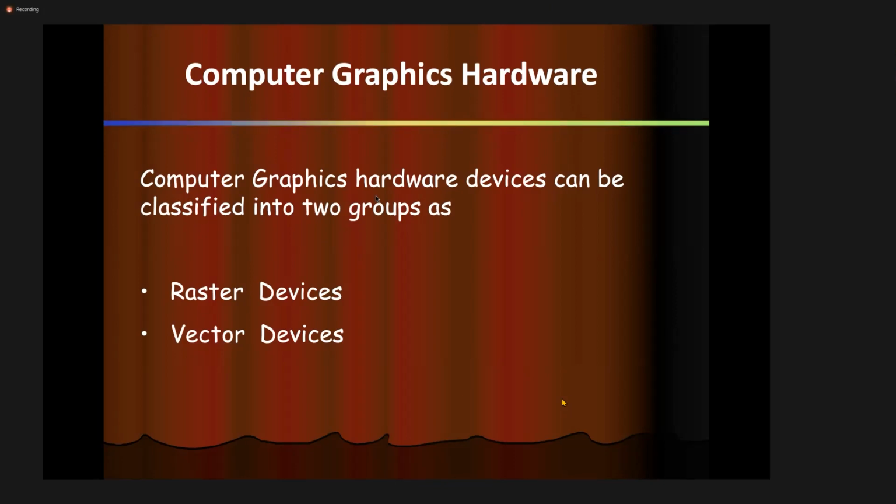So the thing is, we have to understand that all the digital display devices are built on a fundamental building block, I told it earlier. The fundamental building block of the display screen is the pixel. Vector devices or raster devices, it does not matter.